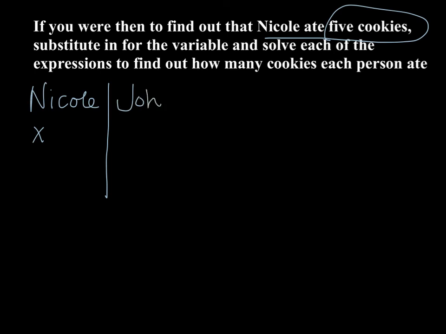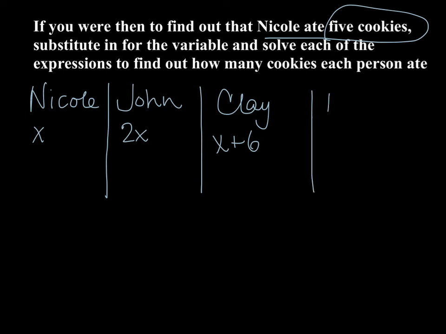John ate 2x. Next we have Clay. Clay had x plus 6. And then finally we have Rocco, and he ate 2 times the quantity of x plus 6.